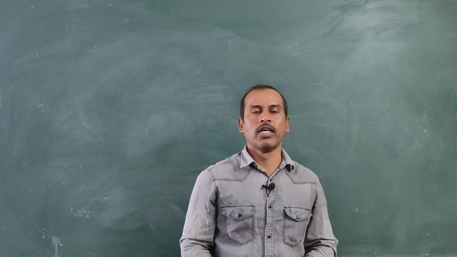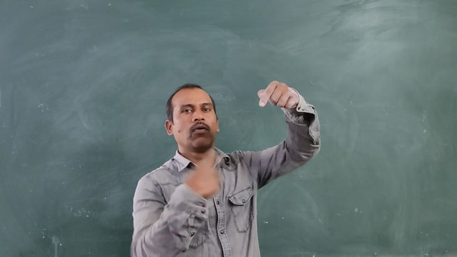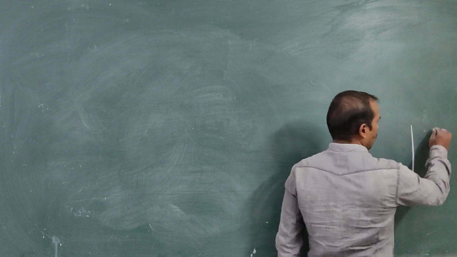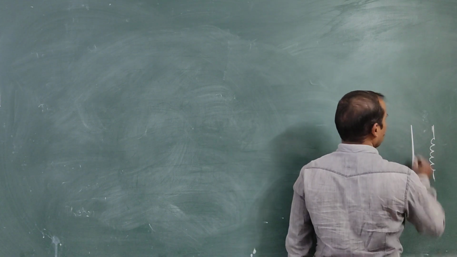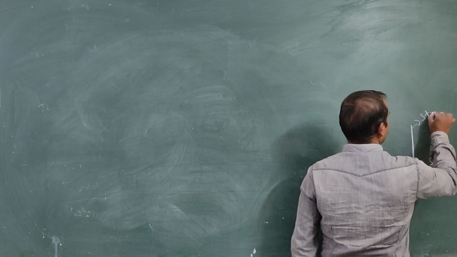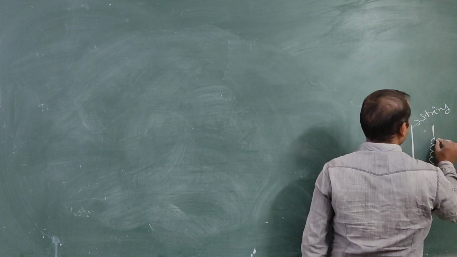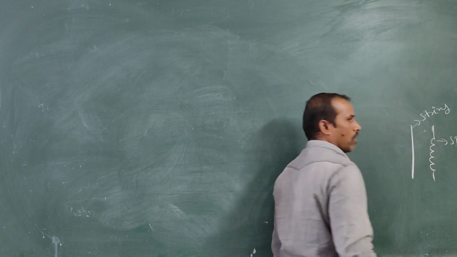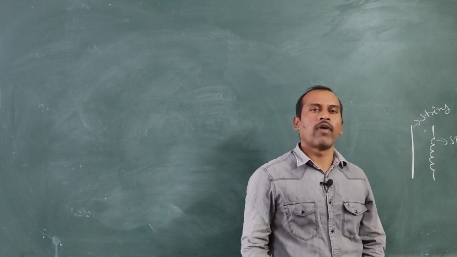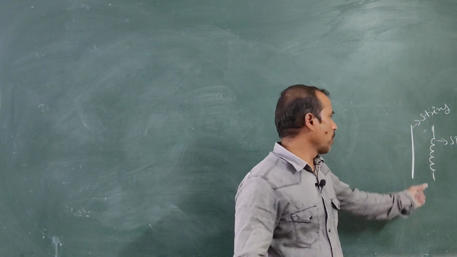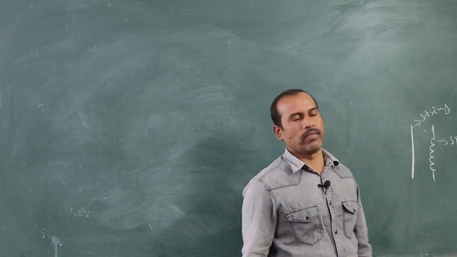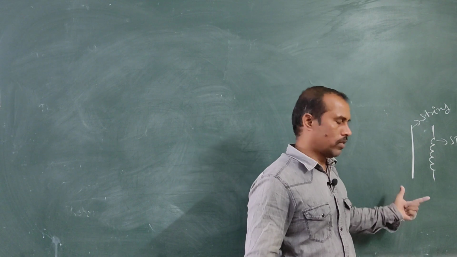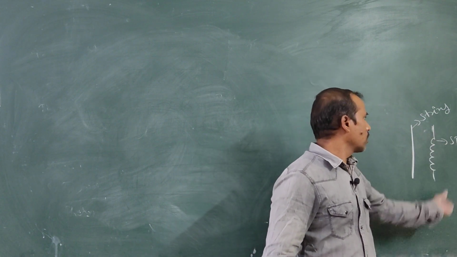String means wire or thread, and spring means it looks like this. For example, this one is a string and this one is a spring. రెండు వేరు. స్ప్రింగ్ అంటే మనము ఇలా తీస్తే సాగేది, and this is a string or thread.